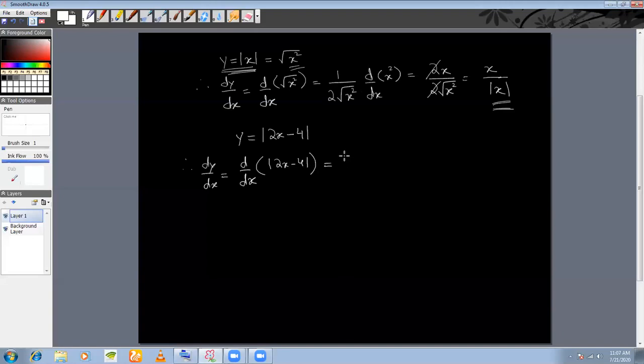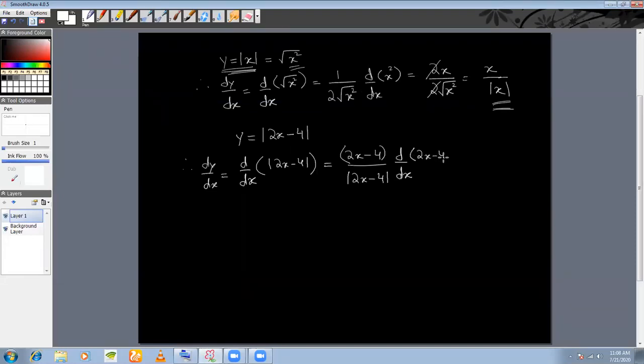And what is x here inside? 2x minus 4. You write 2x minus 4 divided by mod of 2x minus 4, into the d/dx of 2x minus 4, right? So d/dx of 2x minus 4 is 2. So twice of 2x minus 4 divided by mod 2x minus 4. This is how you differentiate mod.